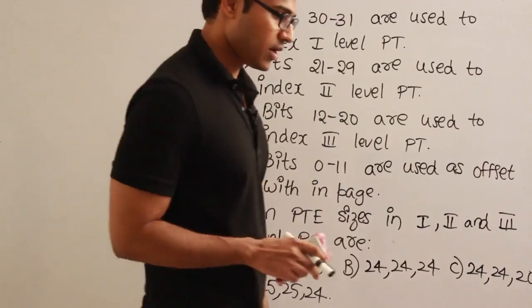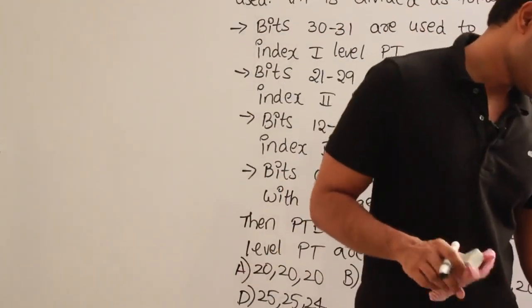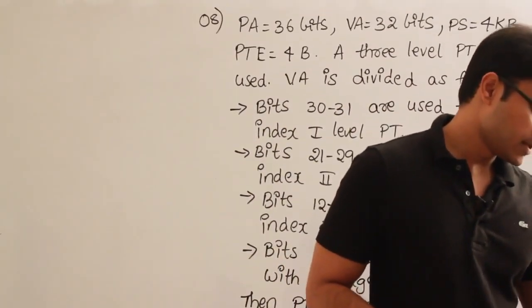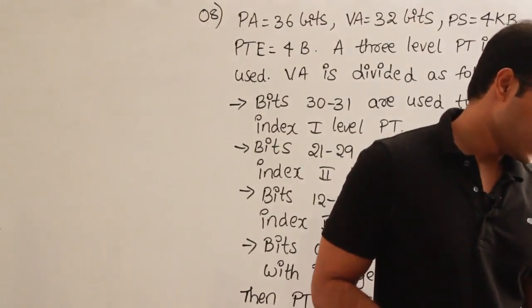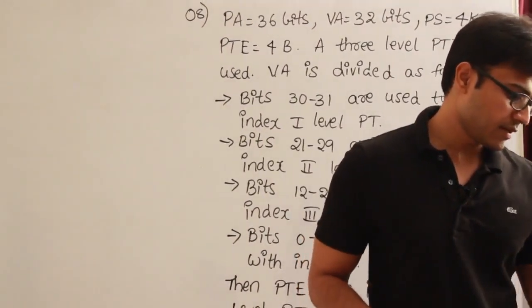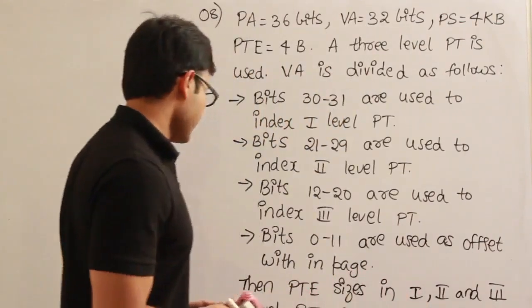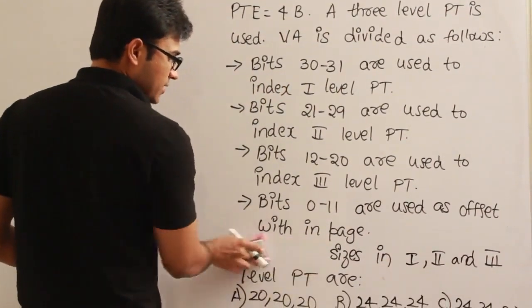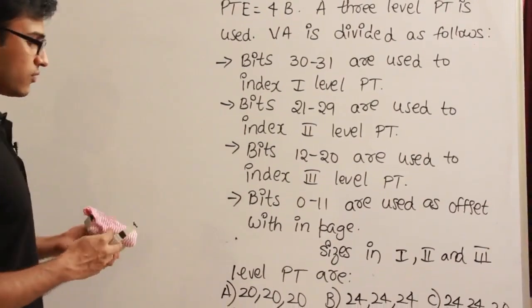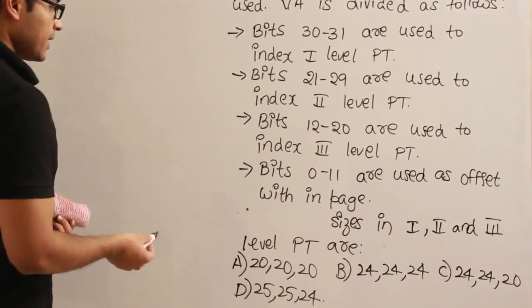So what they are asking is, I'll just read out the question. The number of bits required for addressing the next level page table in the page table entry of the first, second, third, which means actually what they are asking is, in the page table entries, how many bits are used as the frame number. That is what they are asking.